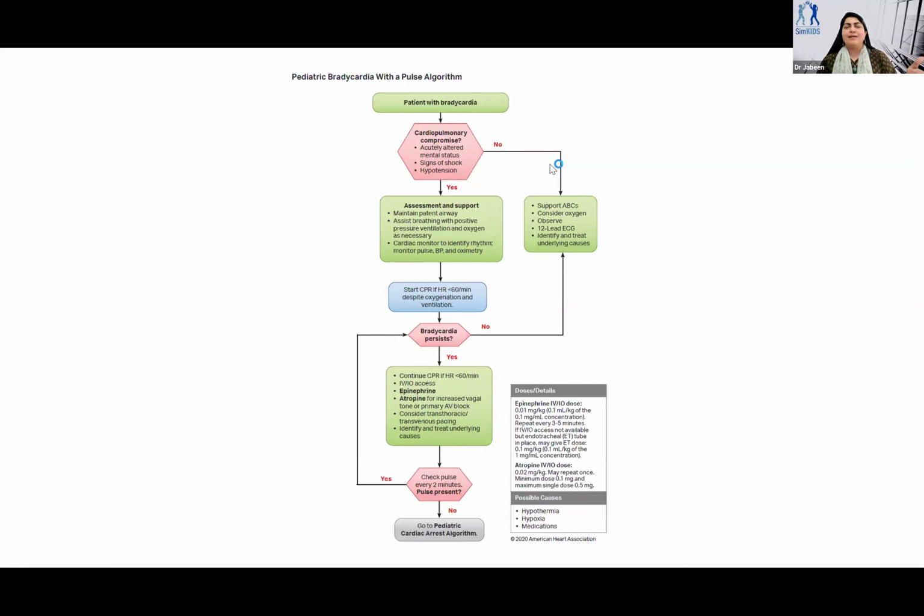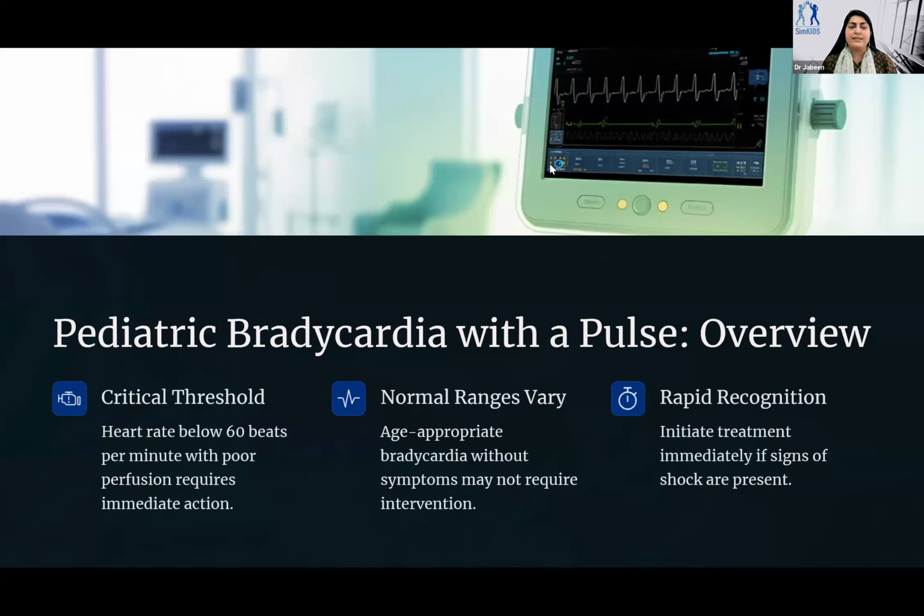As you all know, these PALS updates or courses are full day, 1 to 2 day courses, so we will not be able to go into the depth of each and every algorithm, but I will tell you a little bit in a nutshell. If there is a pediatric bradycardia with a pulse, then a heart rate below 60 beats per minute with poor perfusion requires immediate action.